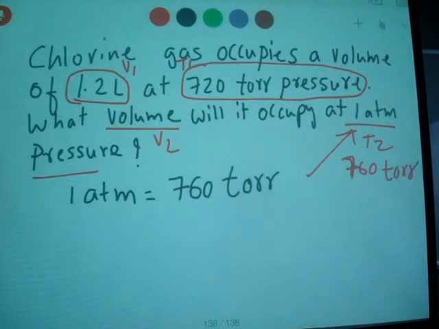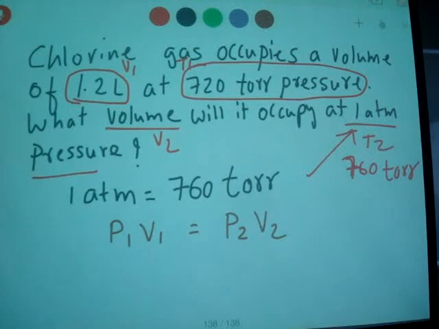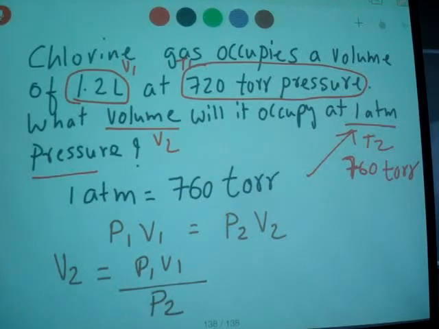Now we have the equation P1V1 equals P2V2. We need to find V2, so we rearrange: V2 equals P1V1 over P2.